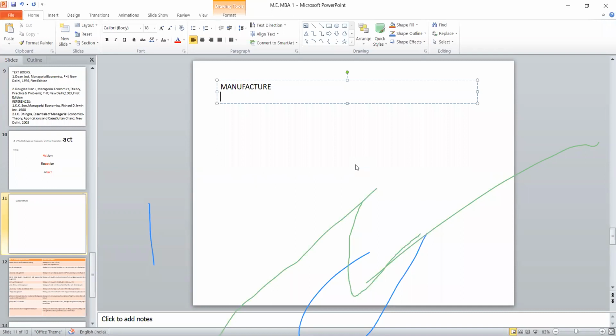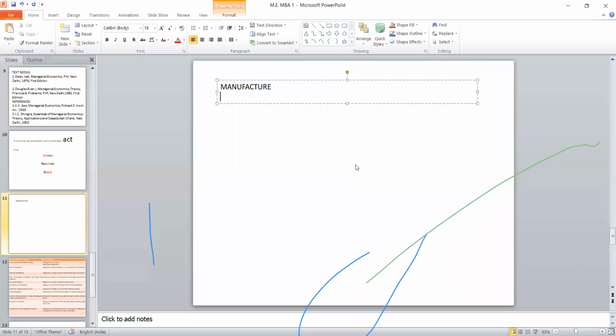So the best word in the world as far as a management student is concerned is manufacturing. Why? Because manufacturing is the forefather of all the management subjects. Because of that only we are studying management. So the best word for the management people is manufacturing.